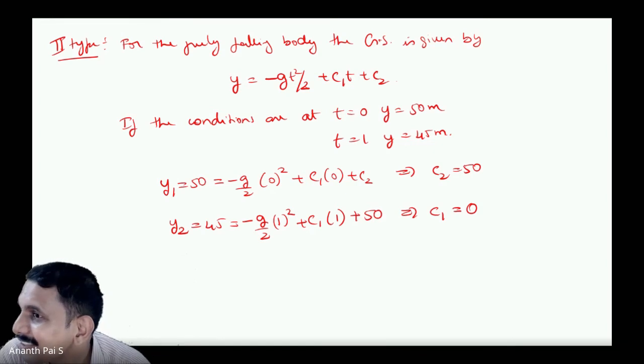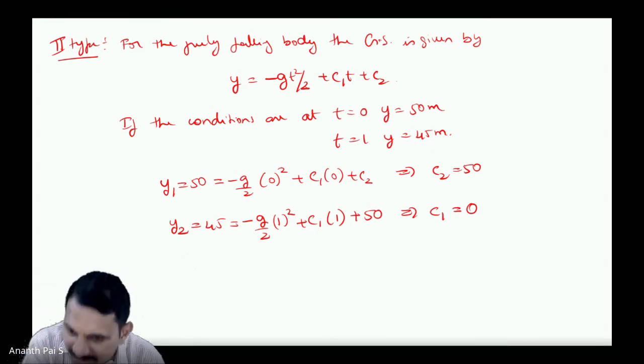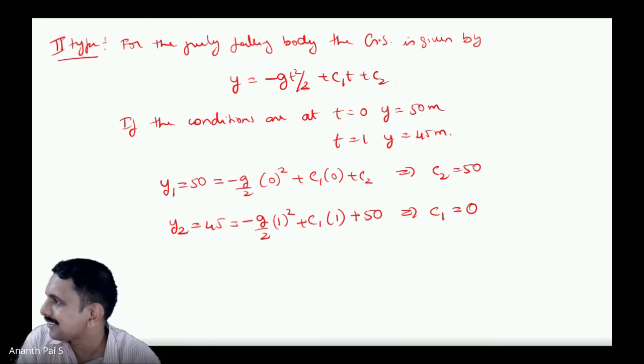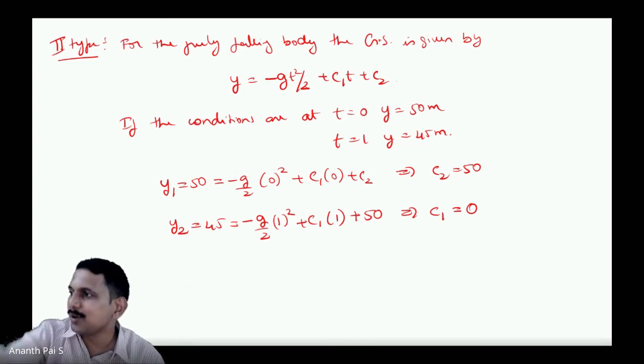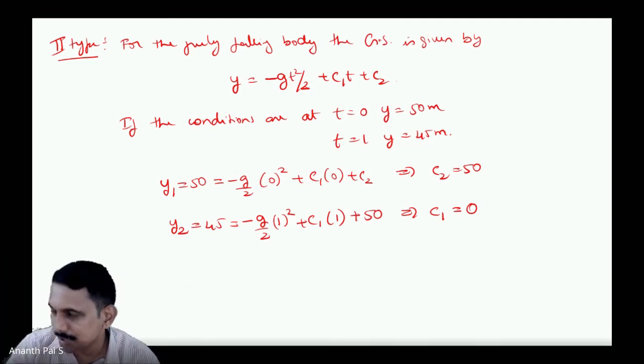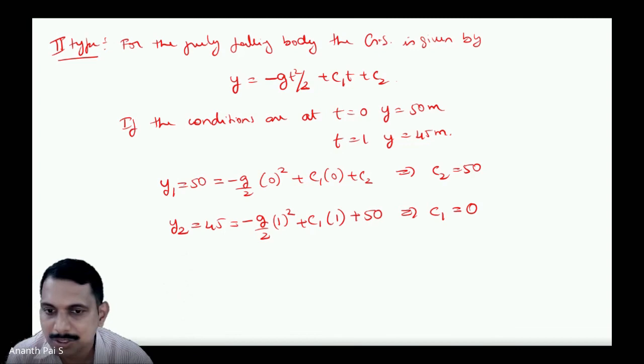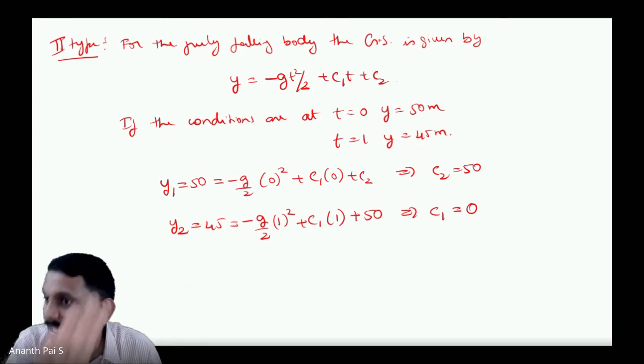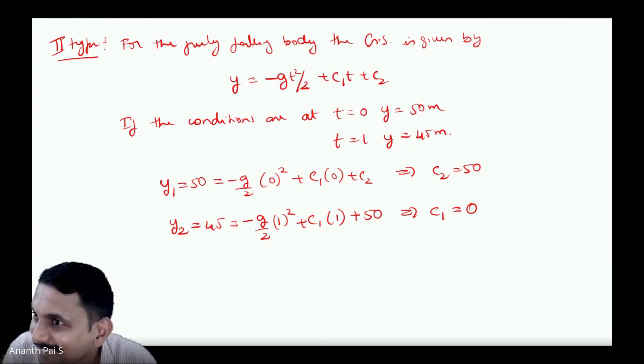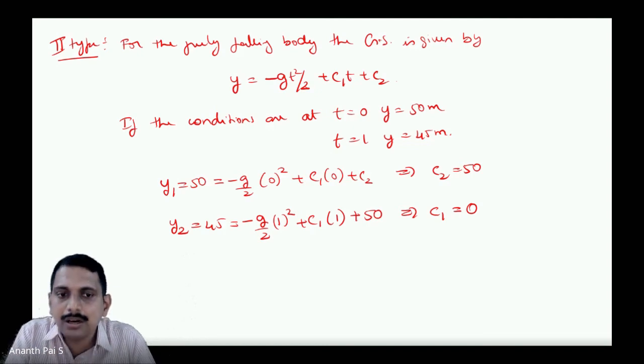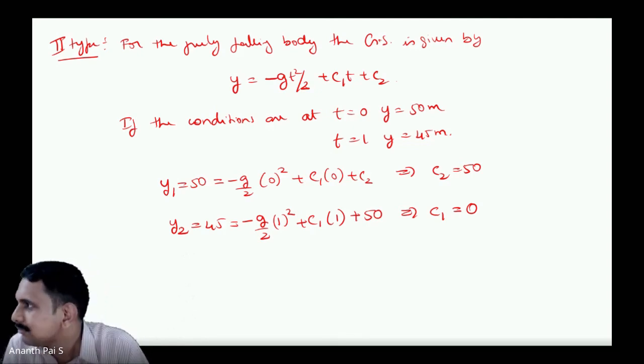It is dropped. Correct? It is dropped like this. C1 is the initial velocity. If initial velocity is not there, then what happens? gt square only will come, is it not? So it means the initial value is 0. So by arbitrary, I have given it and I am becoming right here. And yes, correct. I'm correct here.